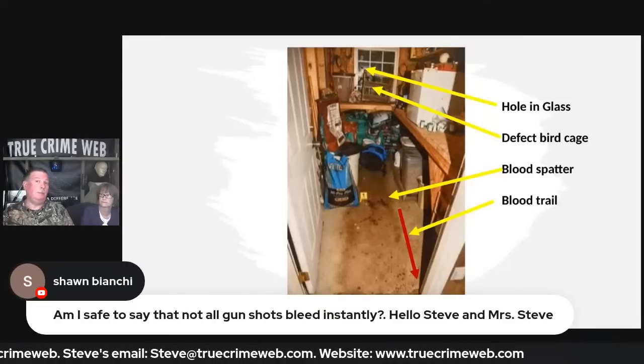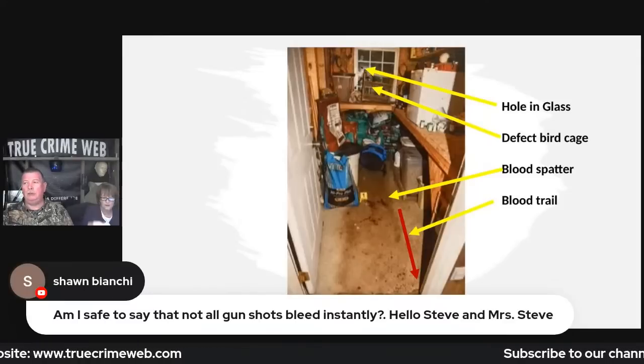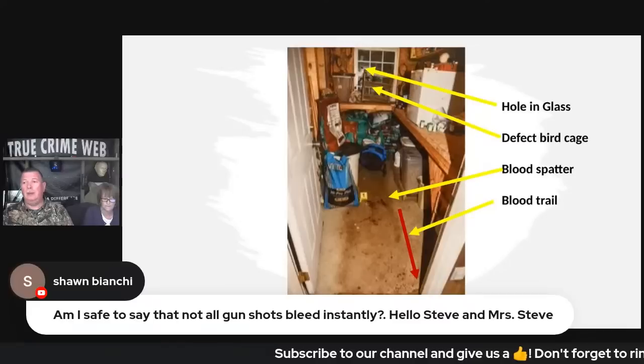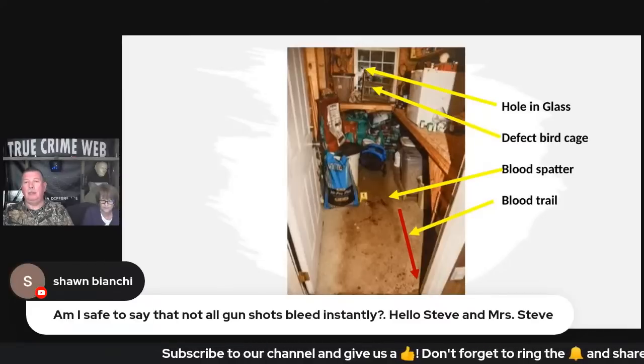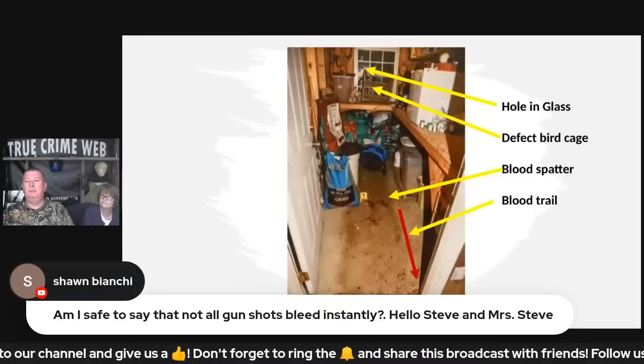Now, low caliber, you could be correct. Some of the lower caliber. But this type of injury at this type of range, with these two types of firearms, they're going to be bleeding. Anytime you have a pass-through wound, it's instant.